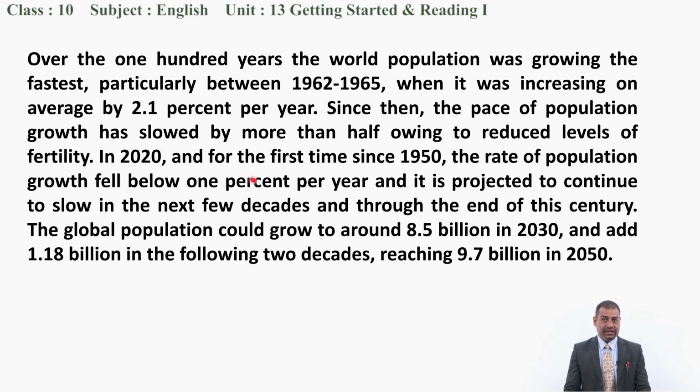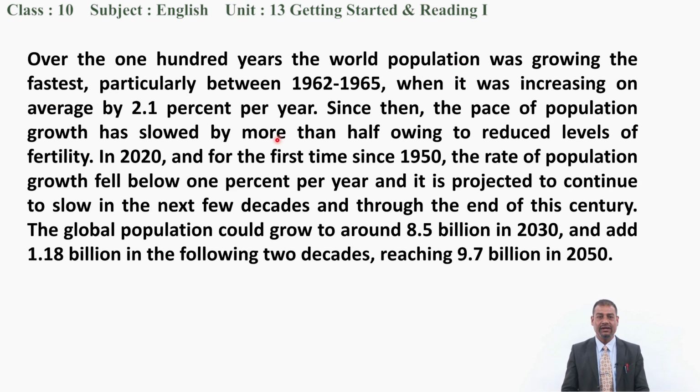Dear all, now we are going to start the second paragraph again. Okay, let's read with me together. Over the 100 years, the world population was growing the fastest. You can understand when? Over the 100 years. See, what was the condition of population? Growing up or growing down? Increasing or decreasing? Yes, increasing. See, the fastest one, okay?